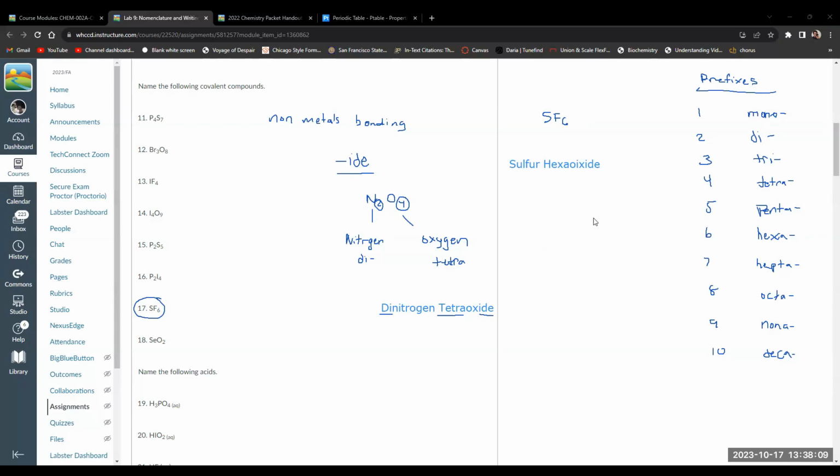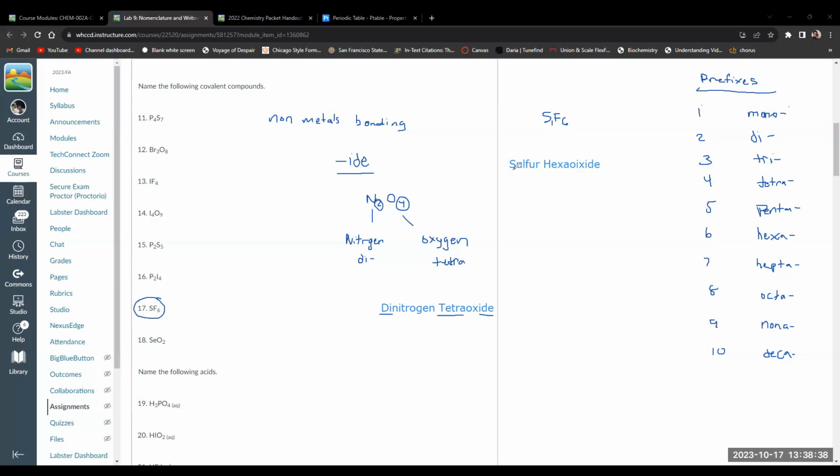So one thing to note about the sulfur is that there is actually a one here. If there's an element on its own, it's understood to be one, and that one uses the prefix mono. However, we don't really use mono that much.